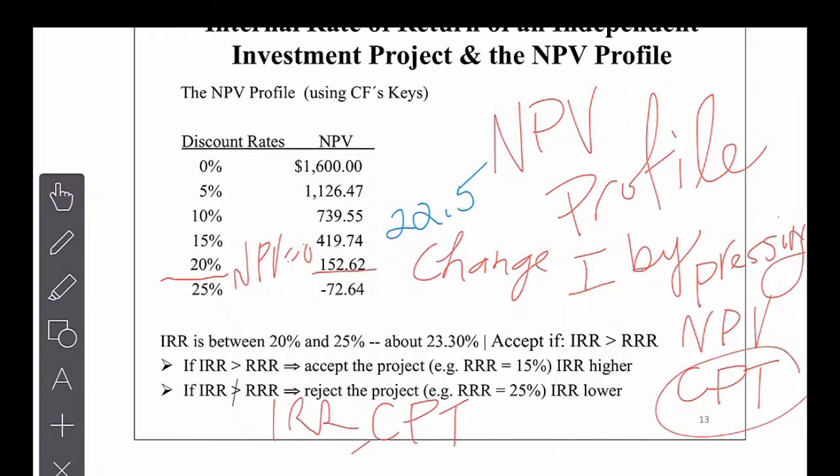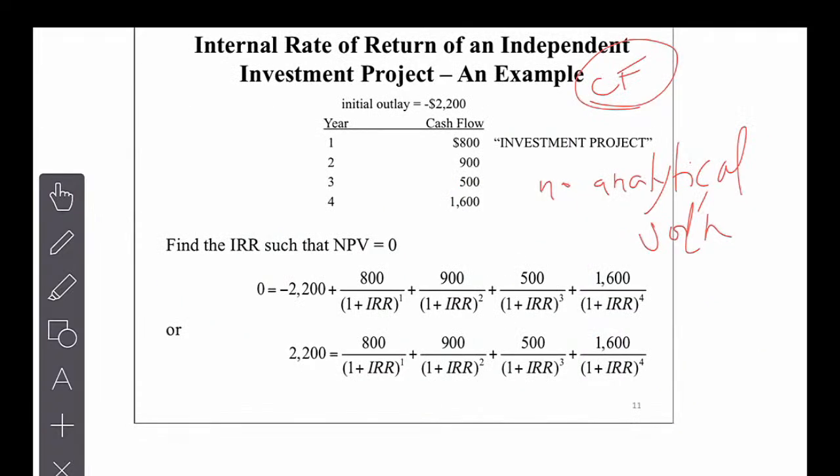So my question was, how do we know that there's only going to be one place where NPV is 0? What is it that tells us that? Now you can think mathematically. This is a mathematical question. And you all seem pretty good at math.